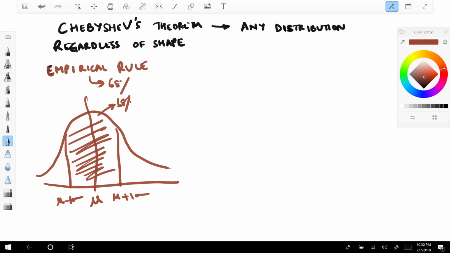Similarly, if we have mu plus 2 sigma and mu minus 2 sigma, so this entire area is 95%.